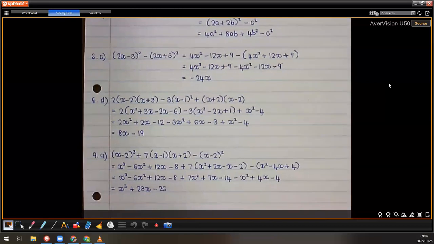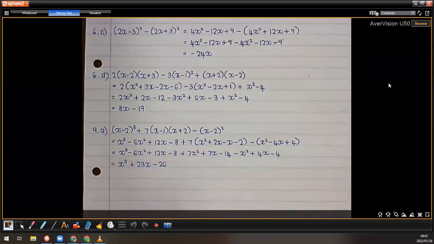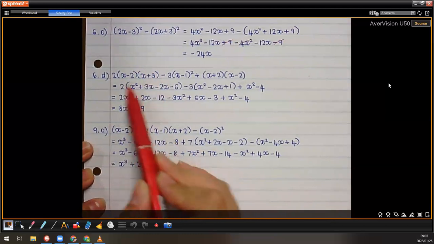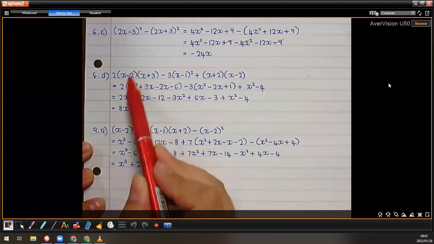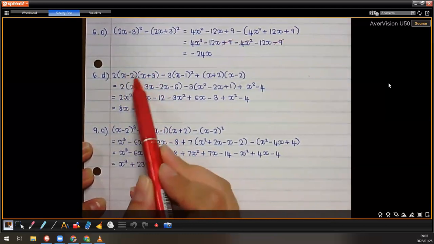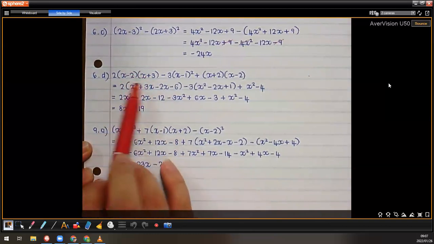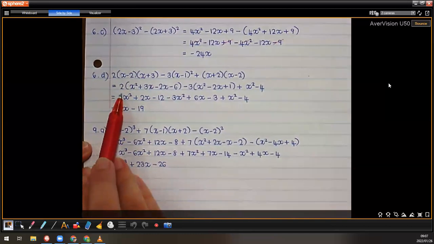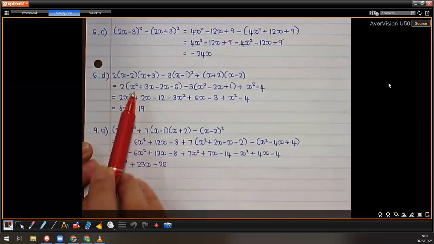Okay, I'm moving down so that you can see the rest. For 6D, I got 8x minus 19 when I did all of that multiplying out. Guys, did we notice that in the first, there was no actual shortcut for that one, right? Because it's not a difference of 2 squares, it's not a binomial squared, it's just FOILing out. Now guys, what you could have done here, I left the 2 in front and I FOILed out the brackets first.